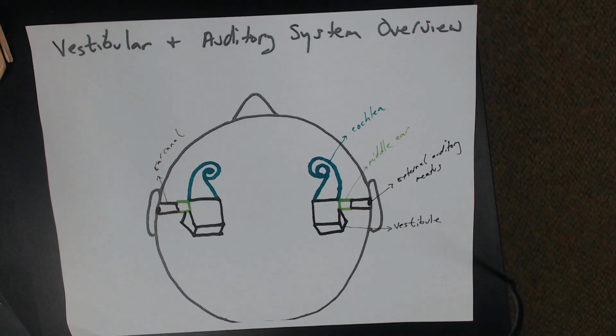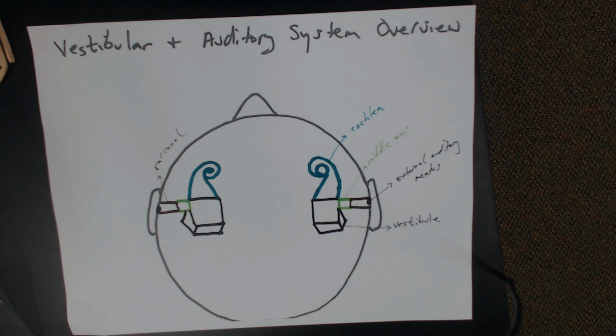C-O-C-H-L-E-A. Okay, so you have your external auditory meatus, then you have your ear canal, your middle ear, and then that connects to your inner ear.